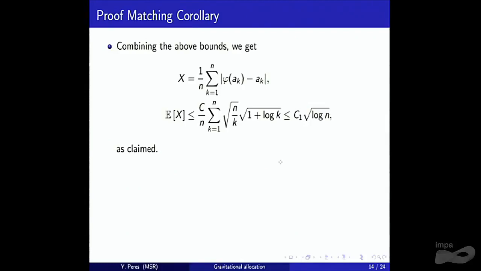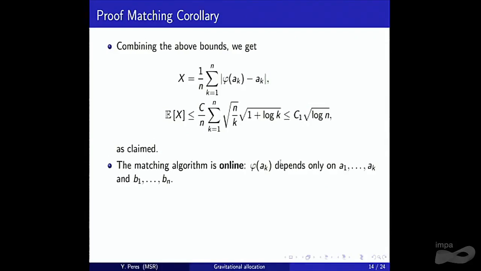Right? I said I put a point and see where gravity sends it, but I could say, given a fair allocation, I put a red point, see which basin it's in, remove those, and repeat. So if you had any fair allocation that gave better behavior than root log n, you would get a matching better than root log n, contradicting the AKS theorem. So root log n is optimal. Again, up to constant.